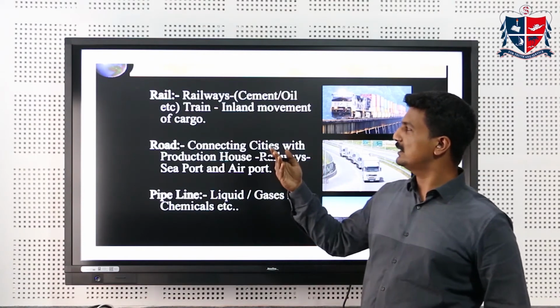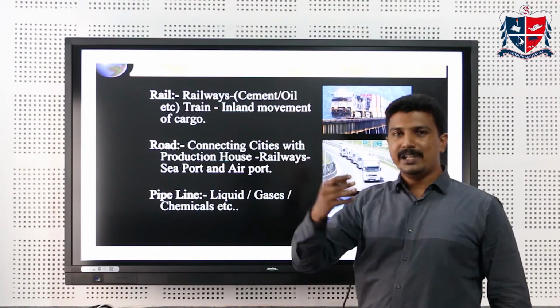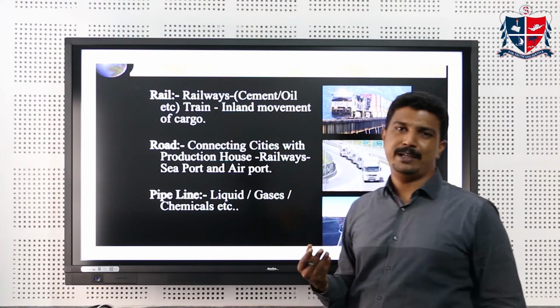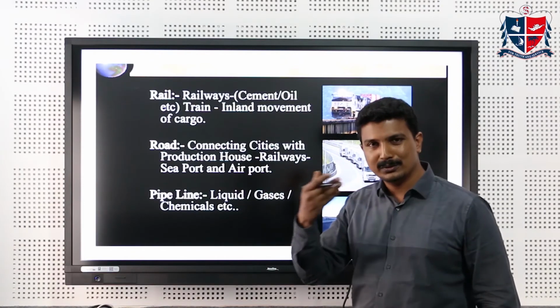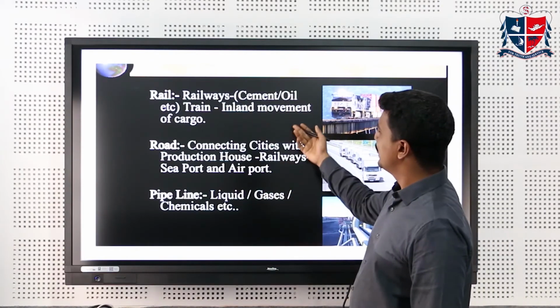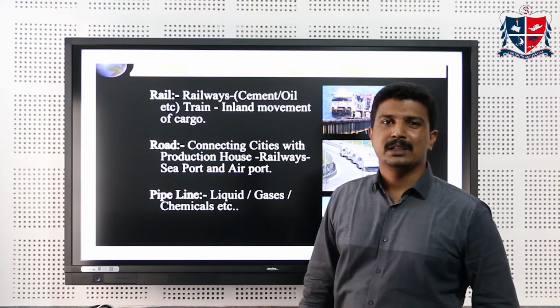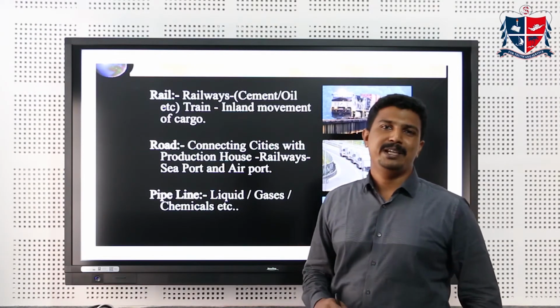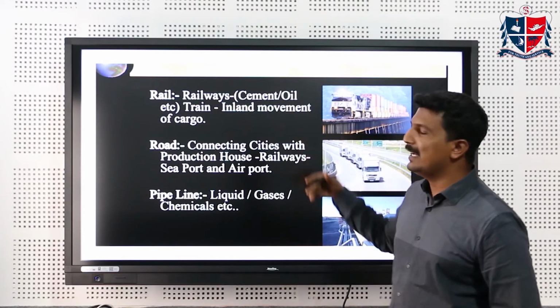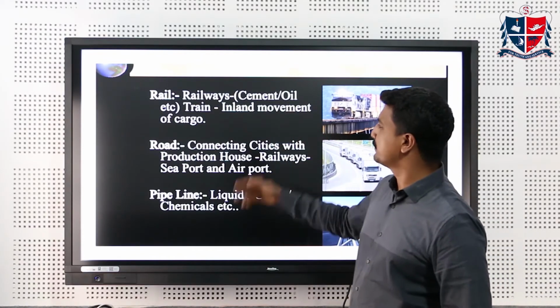In the case of those areas, we use railway connectivity to ship cargo to continue the flow. We have a company called Concor. It's a government company. They only handle containers in the railway sector.